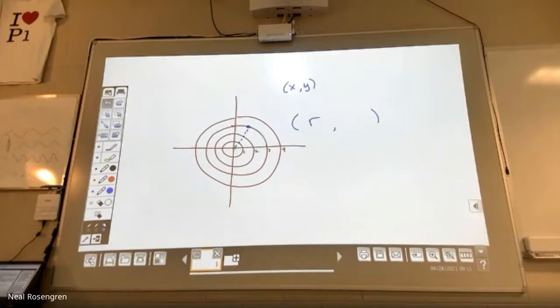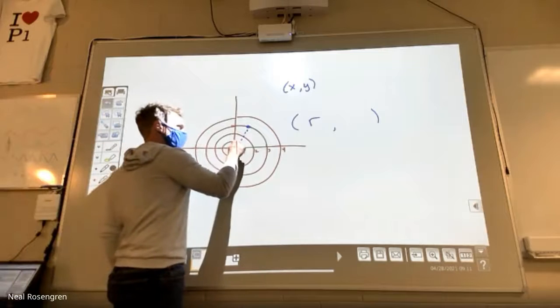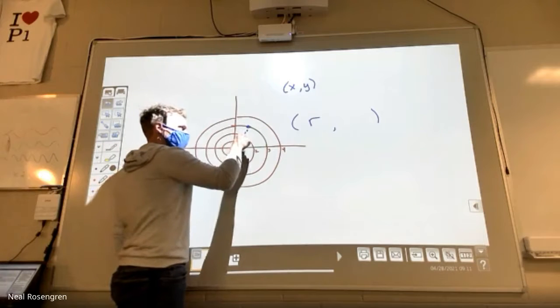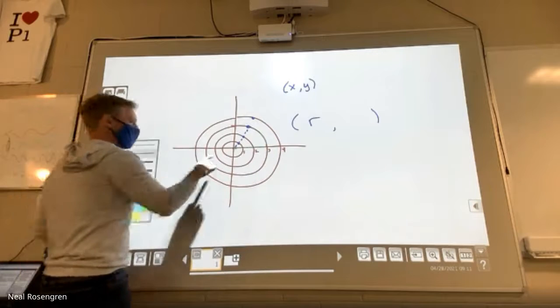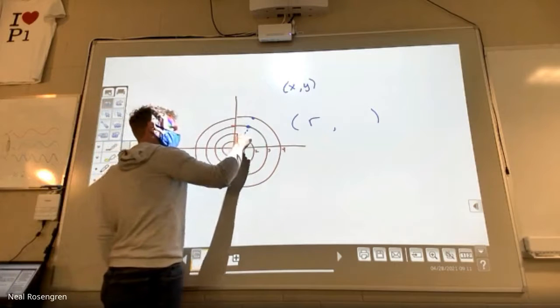But won't that distance be different depending on what circle we're in? If I'm in a circle of radius 1 and I want to get to this point right here, or this point, or this point. Let me pick a different color. You've got this purple point, this purple point, this purple point.